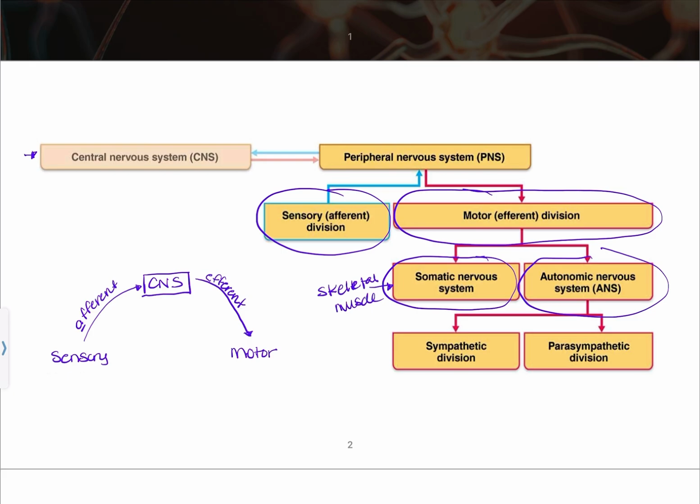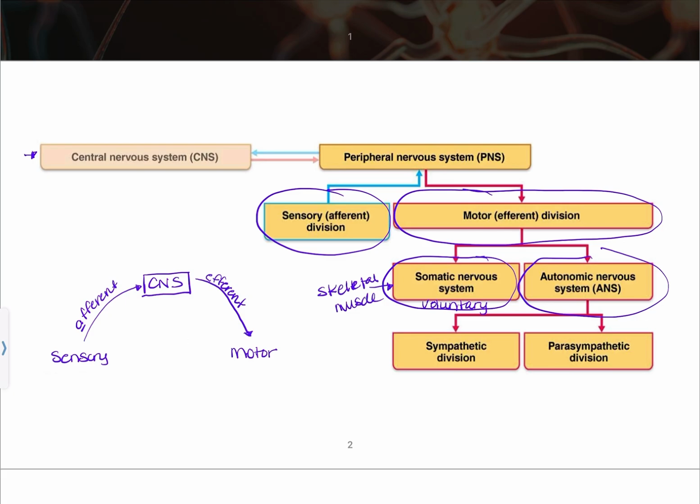Why are there two different divisions, one for skeletal muscle and one for every other organ or tissue in our body? That's because they're broken down by whether or not we have control over these organs or not. So when we talk about the somatic nervous system or skeletal muscle, we do have voluntary control over it. So one of the defining characteristics of the somatic nervous system is that it's the voluntary nervous system. We can control whenever we want to contract our skeletal muscle.